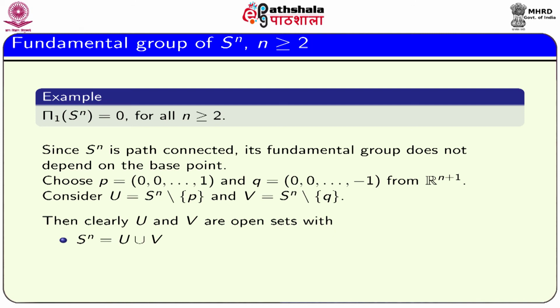Now again, Sn is U union V, and if we take U intersection V, then it contains all the points of Sn except for two points P and Q. So, U intersection V is path connected.